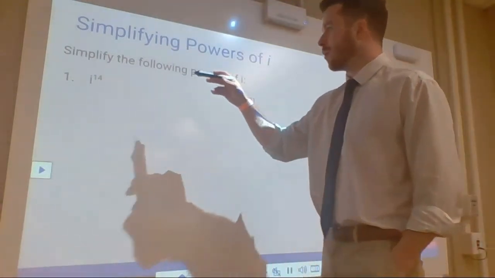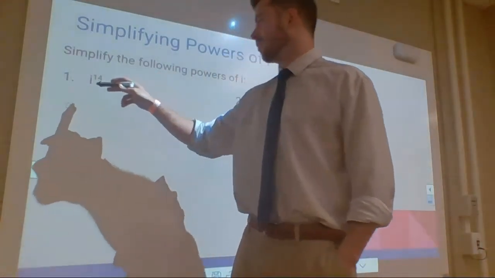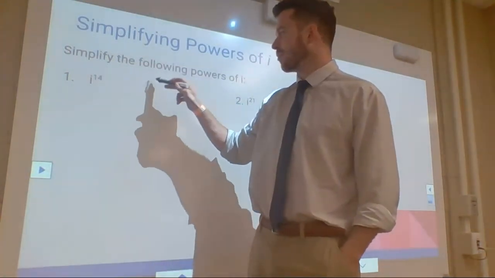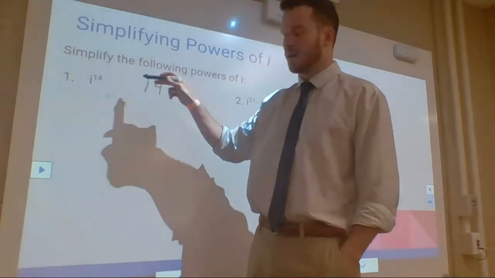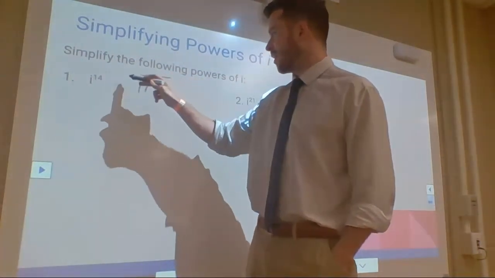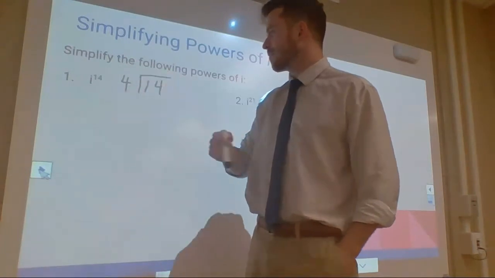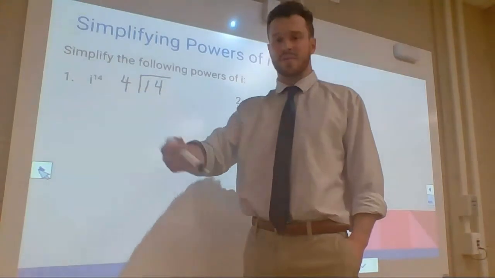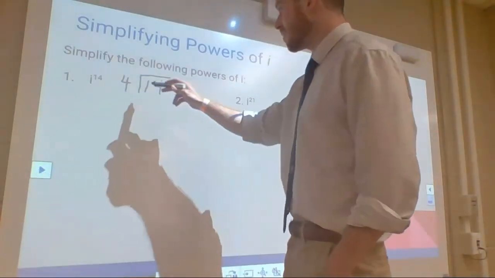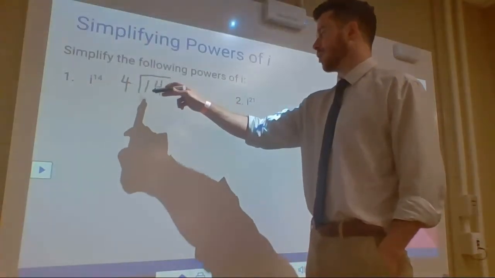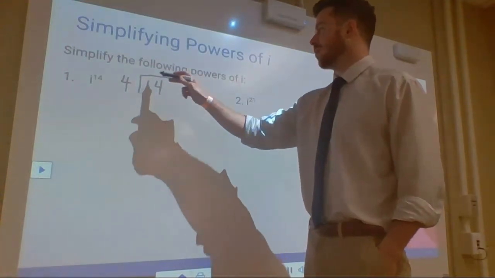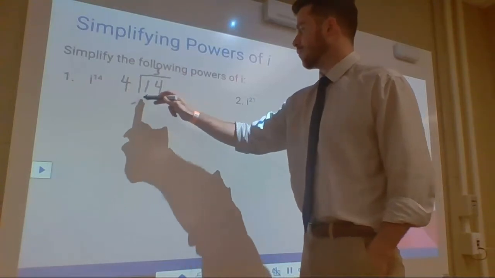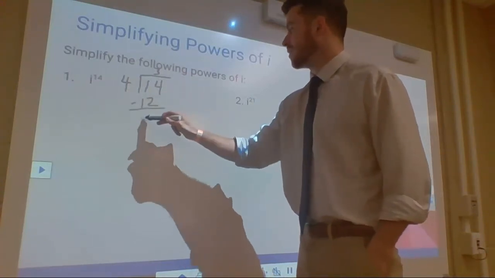What we're going to do is simplify i to the 14th power by taking that exponent, 14, and dividing it by the number of powers in every cycle, because like I said, it restarts every 4 powers of i. So how many times does 4 go into 14? It goes into 14 3 times. 4 times 3 is 12, so 14 minus 12 is 2.